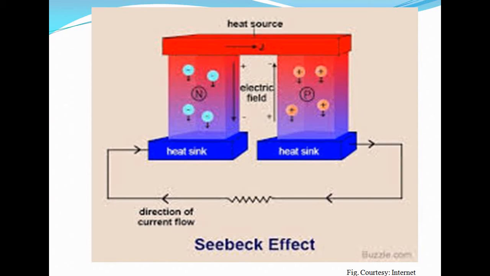That means heat is removed from this end, so the temperature at the heat sink is very low compared with the temperature at the heat source. So there will be a flow of electrons from heat source to heat sink. You can see the direction of current flow through this circuit. That is called the Seebeck effect.